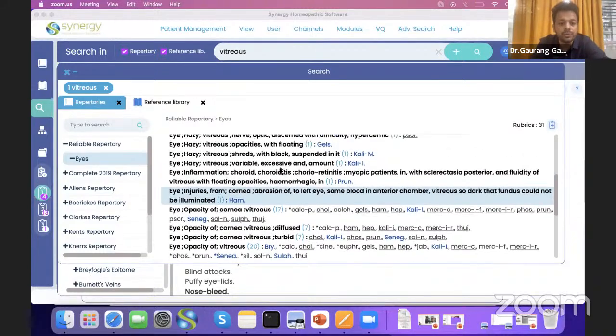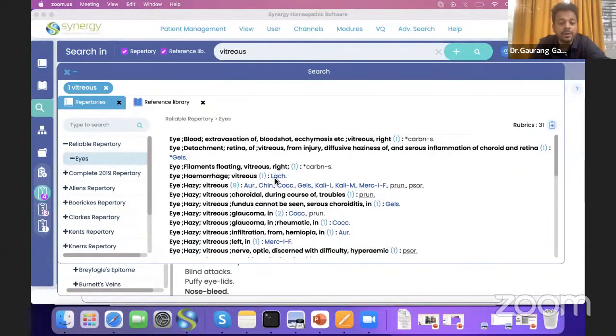So I'm going to show you from the software some of the very important remedies that you need to look at. One of the very important remedies for vitreous hemorrhage is Lachesis. You can see here in the software. The other very important remedy for right-sided vitreous with a lot of ecchymosis and floaters is Carboneum sulph.